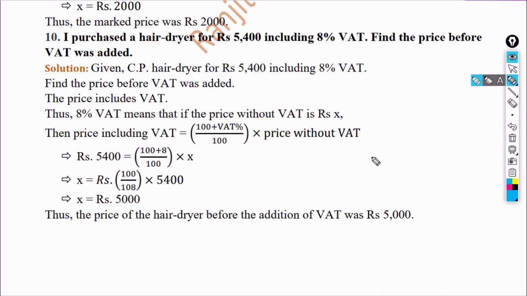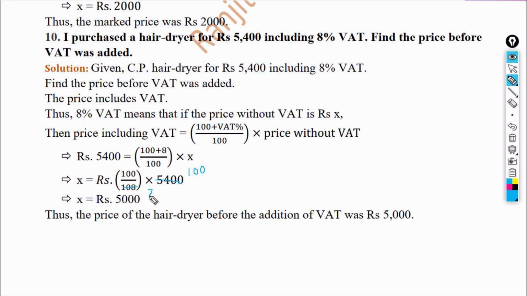Now try to cancel. You know 54 goes into 108. You can cancel 54 and 2 zeros. Normally don't cancel like that, but try to cancel step by step.